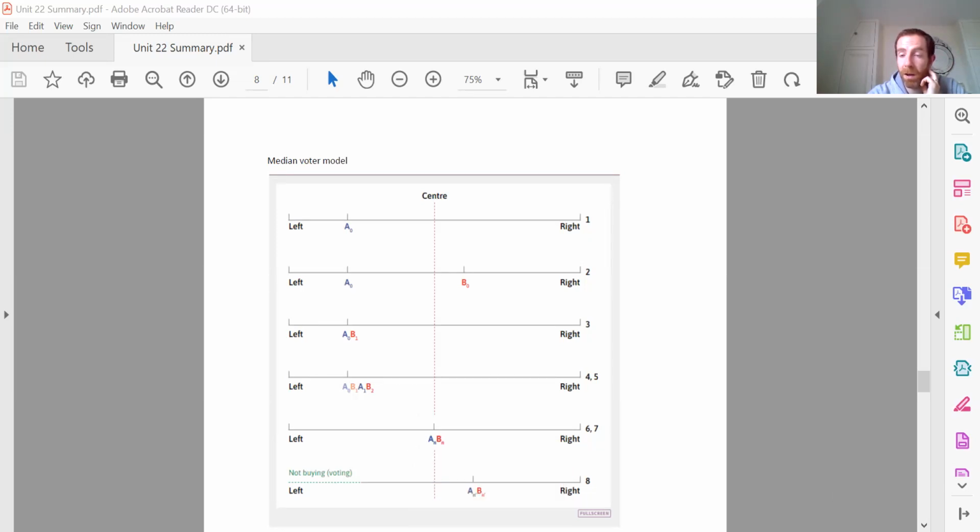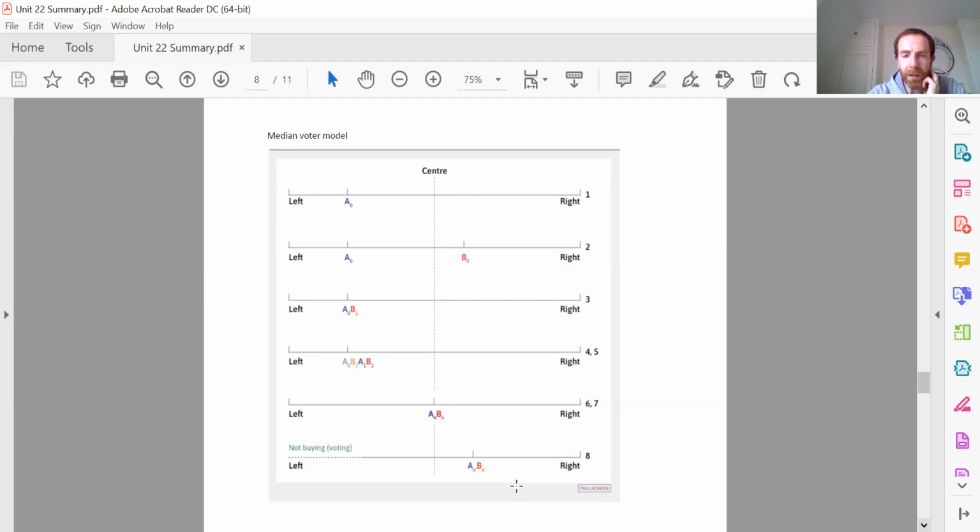Now, one final addition to it is, what if there are certain voters who just are not going to vote? They just don't want to. Well, what will that mean? So we see on the diagram here, we've got this green section of people on the left who are just not going to vote. And so what that means is basically the same outcome as above will happen, except the parties will just keep on shifting to the right until they've got to a place where there are 50% of voters to the left, 50% to the right.